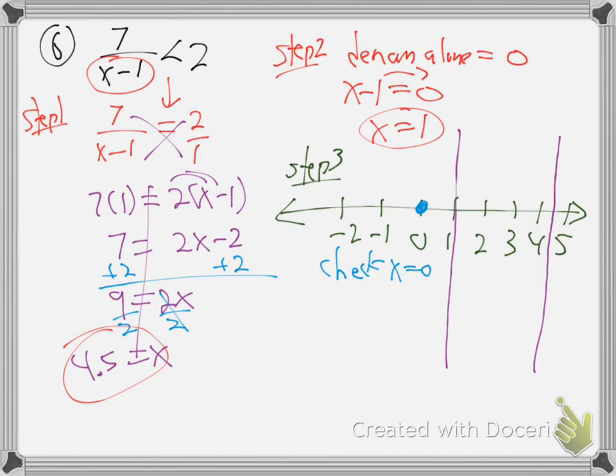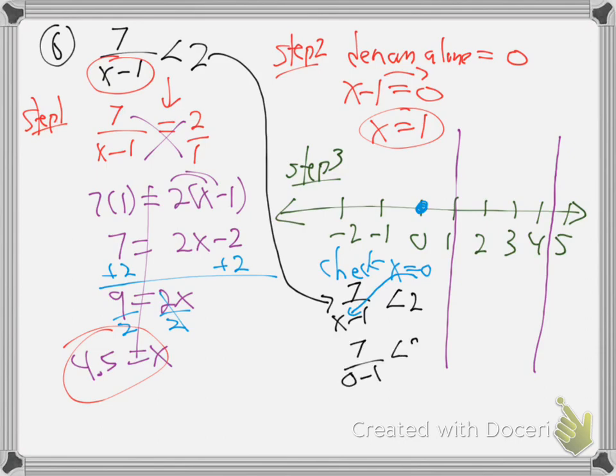Whenever we check anything in math, where do we check? The first equation. We're checking the original, aren't we? Less than 2. So plug in that 0, and it goes right there, doesn't it? So we have 7 over 0 minus 1 less than 2.